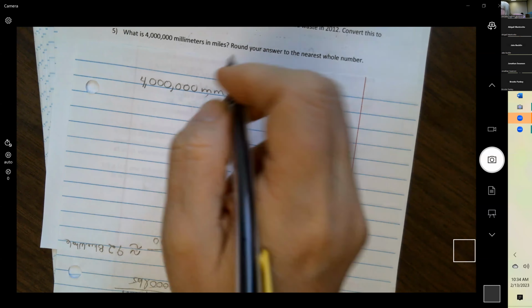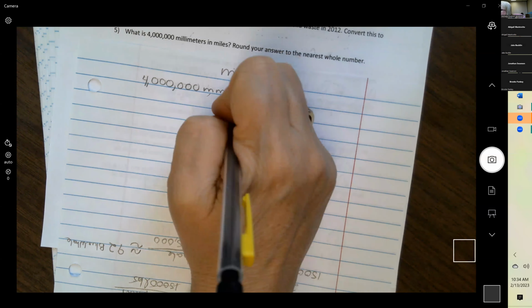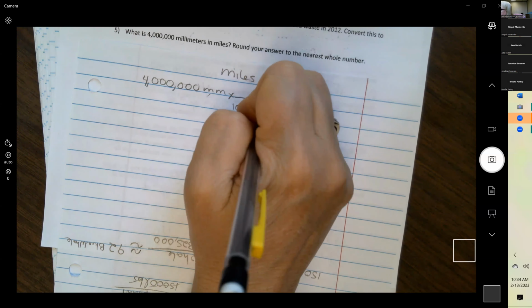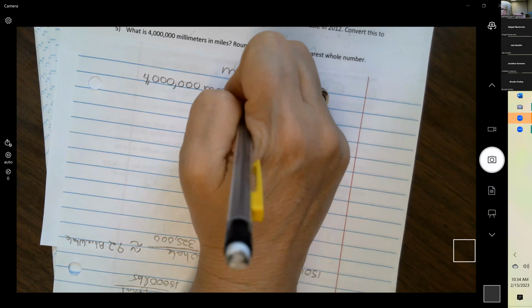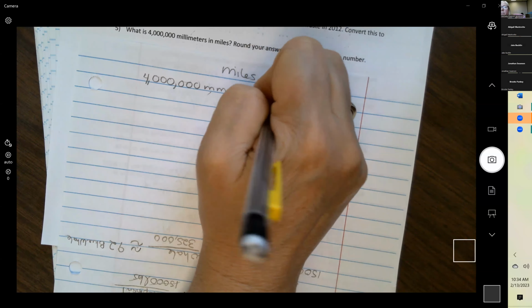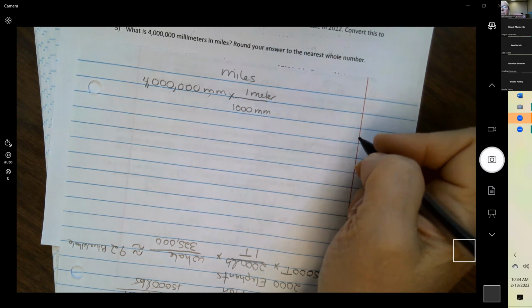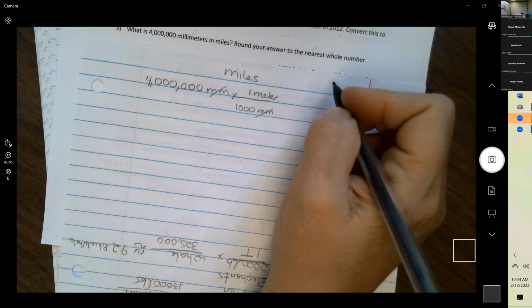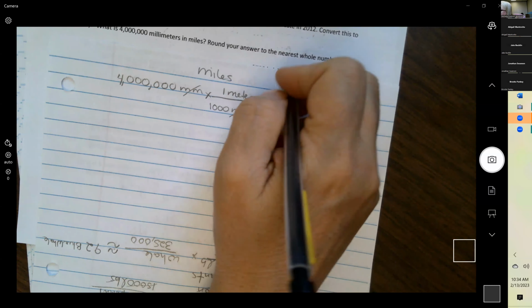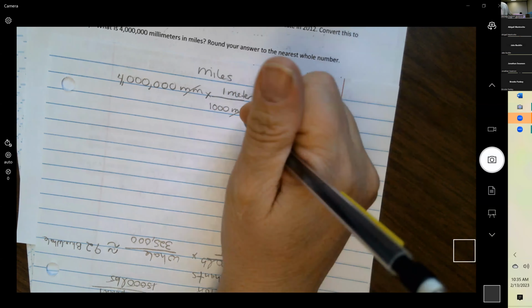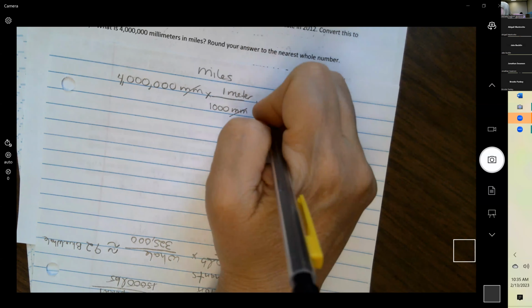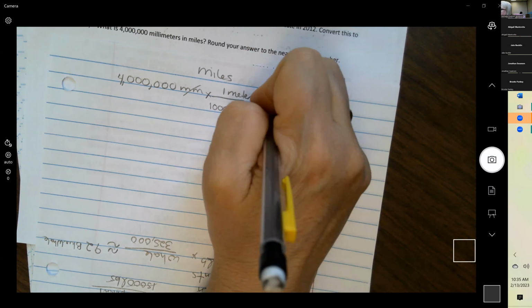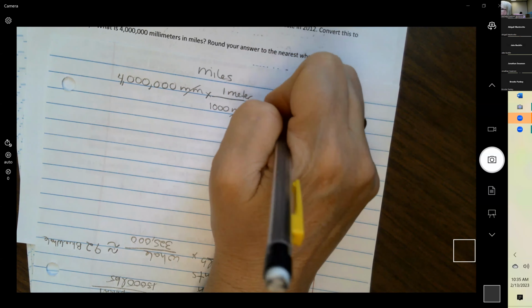Milli is 1,000. 1,000 millimeters is a meter. I put millimeters on the bottom so they would cancel. 1 meter is 3.3 feet.